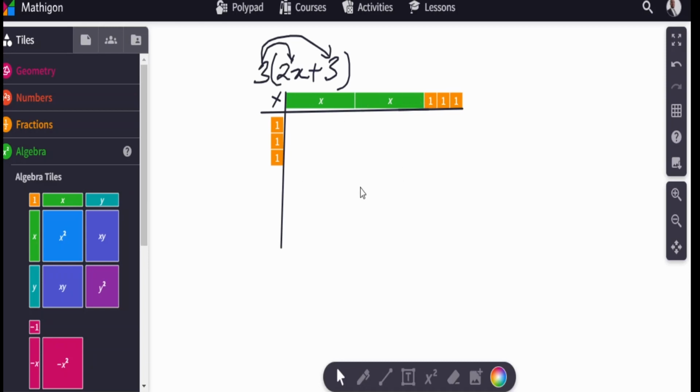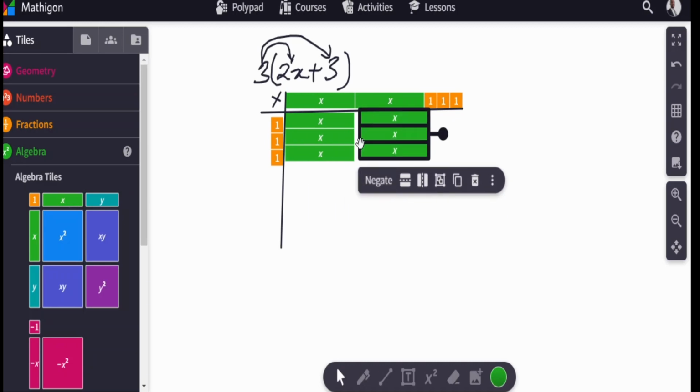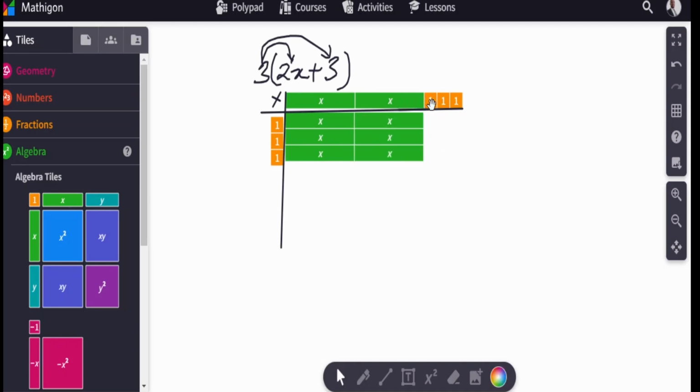So let's do that quickly. x times 1 is going to give us x, so let me put that here. Then x times 1, each of them will just give us x, so let me do that quickly. Then each one unit here multiplying the 1 here will give us 1, so let's put that quickly.